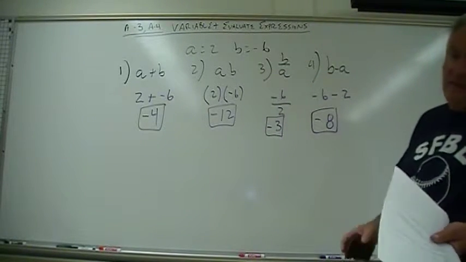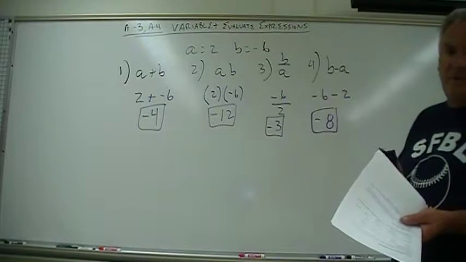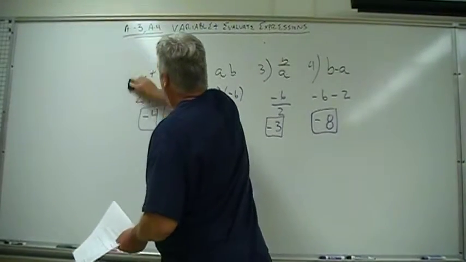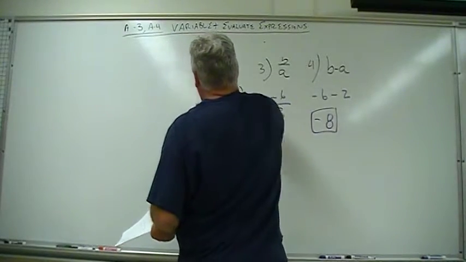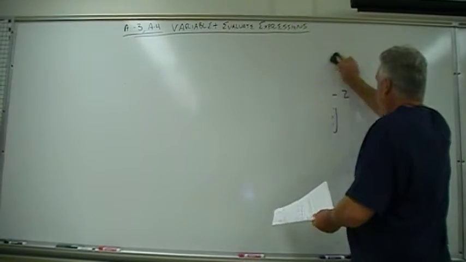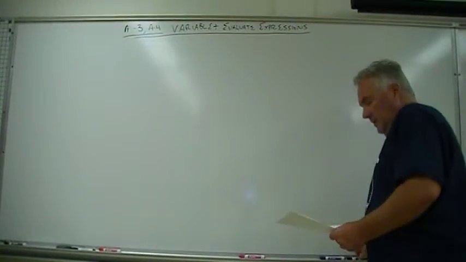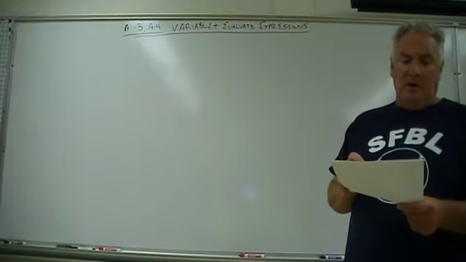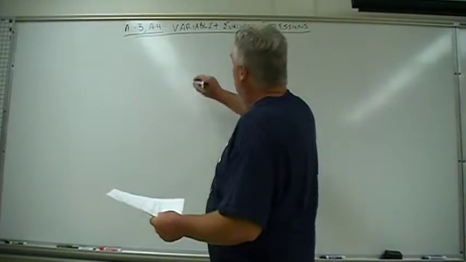Rarely are they this easy, but this gives the basics of the situation. Okay, so those are the first 4, pretty easy. The next 4 are a little bit more complicated.